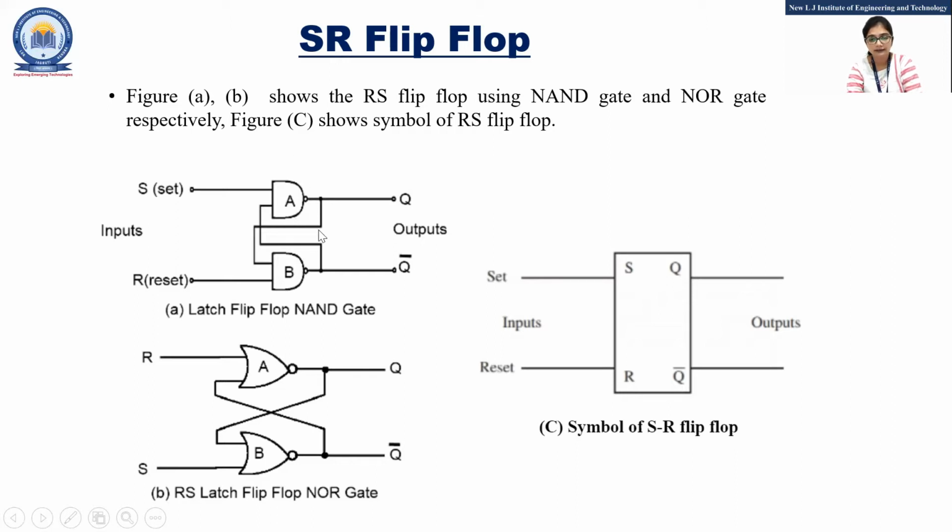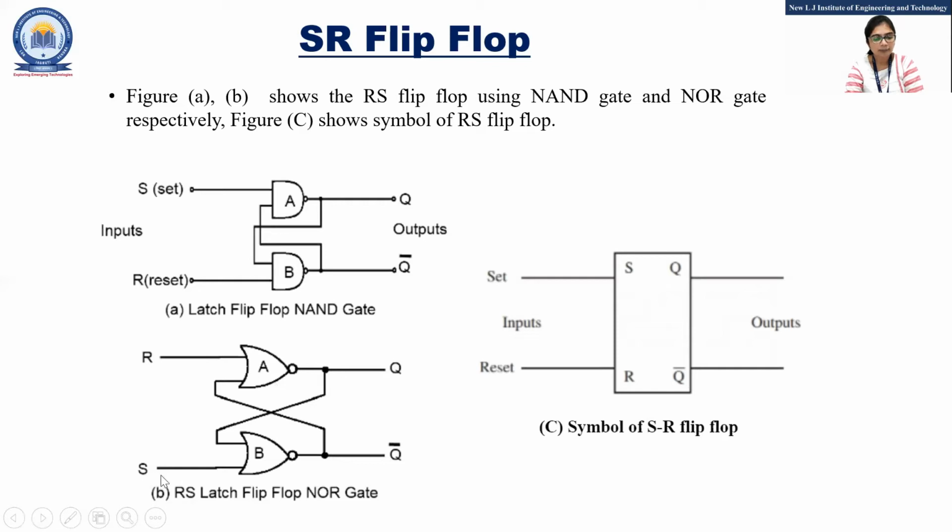The output of one gate, say NAND gate A, we are applying to one of the inputs of NAND gate B. And the output of NAND gate B we are applying back to one of the inputs of NAND gate A. So we are applying set and reset inputs. These are the outputs Q and Q dash. Both the outputs are complements of each other.